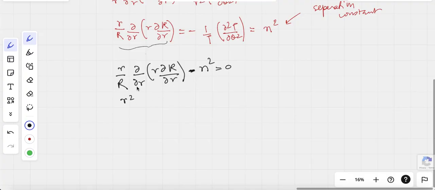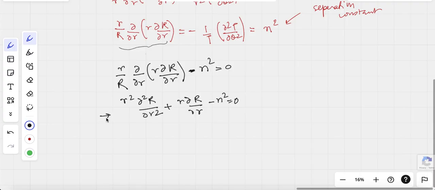R square, using chain rule, d square R by dr square plus r dR by dr minus n square.